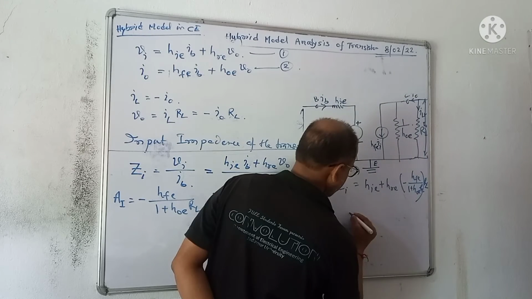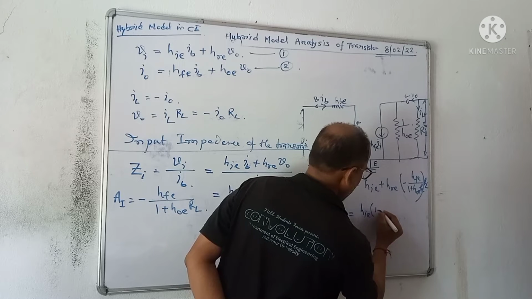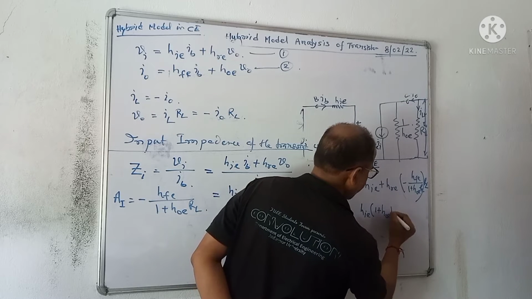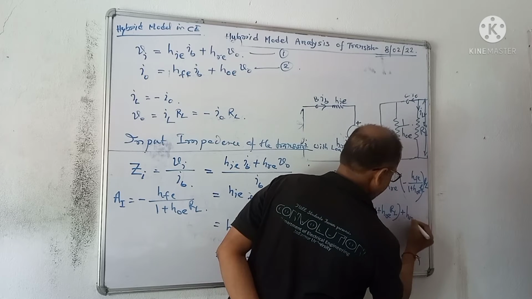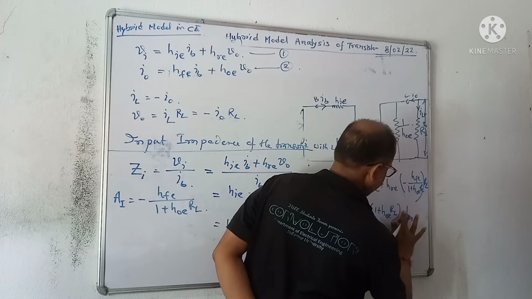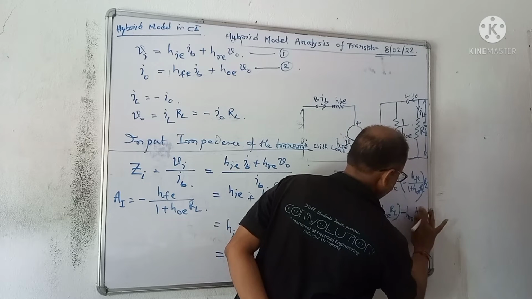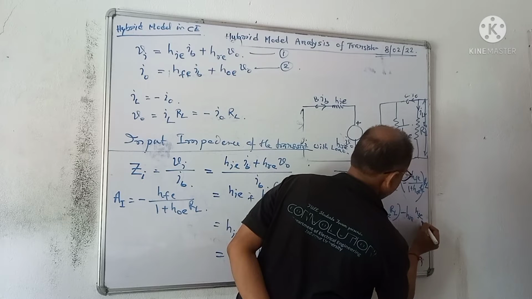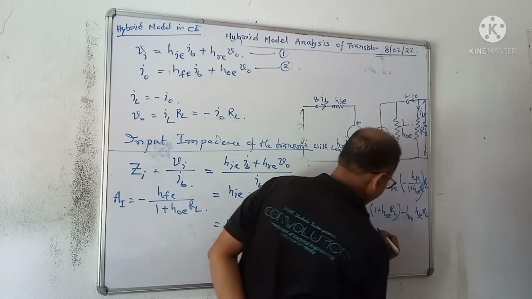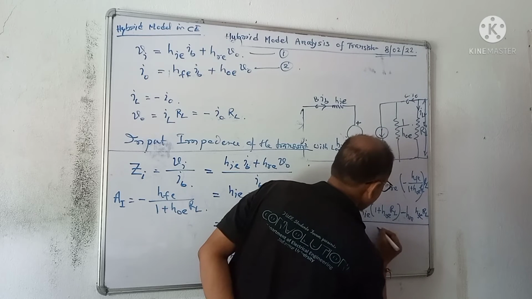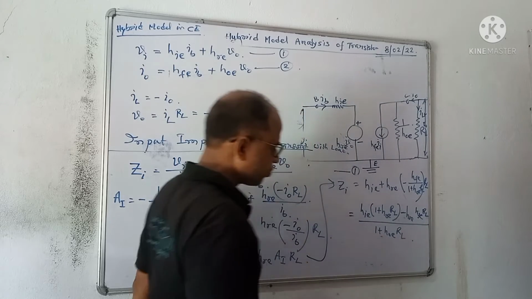Take the sum. This is equal to HIE into 1 plus HOE into RL plus HRE minus HFE into RL, divided by 1 plus HOE into RL.